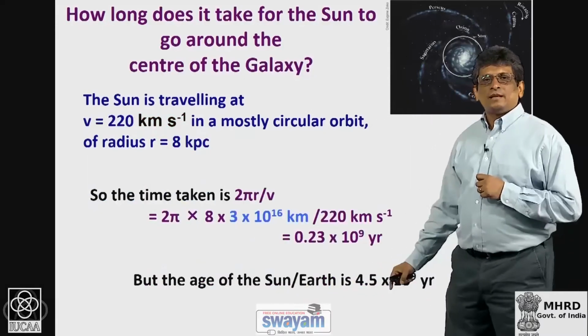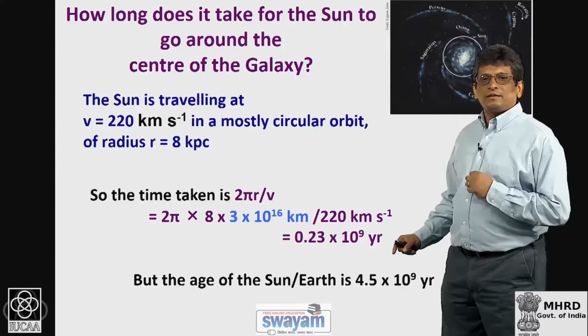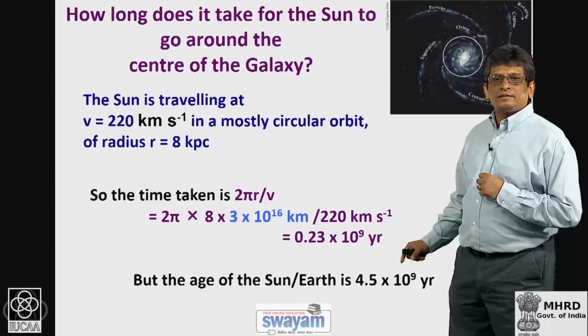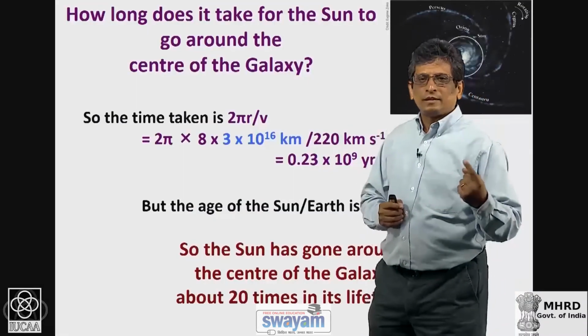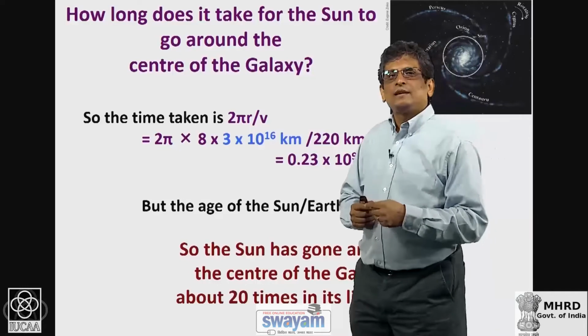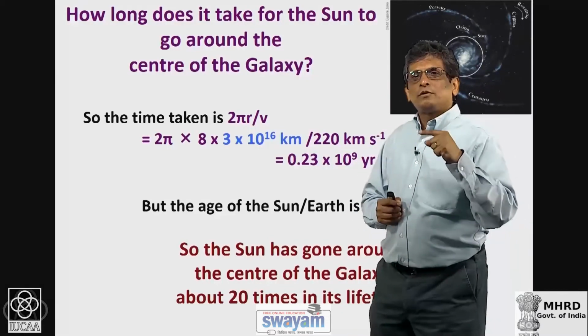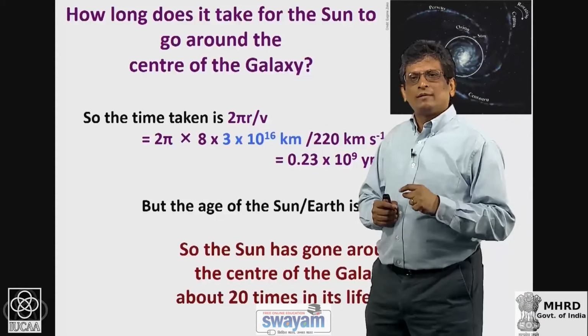And this means that in the age of the Sun or the Earth, which is 4.5 times 10 to the 9 years, the Sun has gone around the center of the galaxy 20 times, and it has also gone up and down perpendicular to the plane of the galaxy as well.